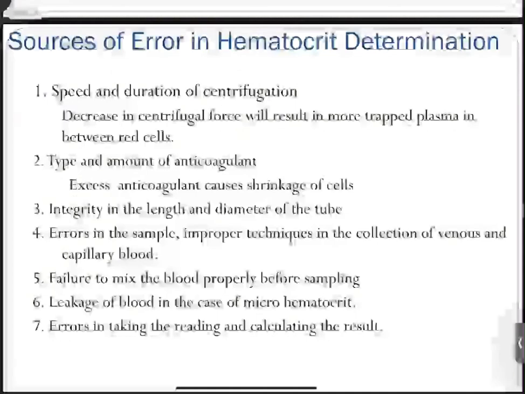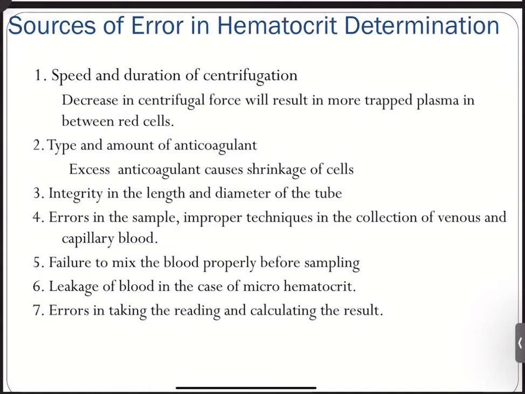Sources of error in hematocrit determination: the speed and duration of centrifugation. Okay, slow centrifugation will falsely increase your hematocrit. Too long or too speedy centrifugation can decrease the hematocrit content.